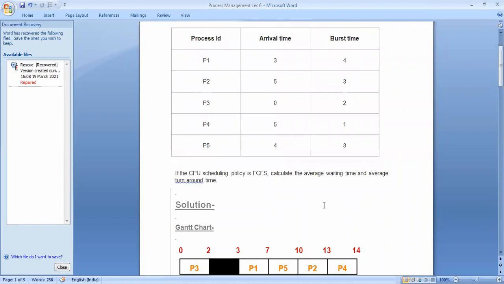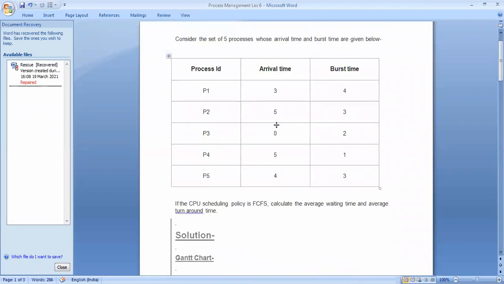Start from this. You tell me which process comes first. Anyone? P3. P3, because its arrival time is 0. When arrival time is 0, that process is already in the ready queue.